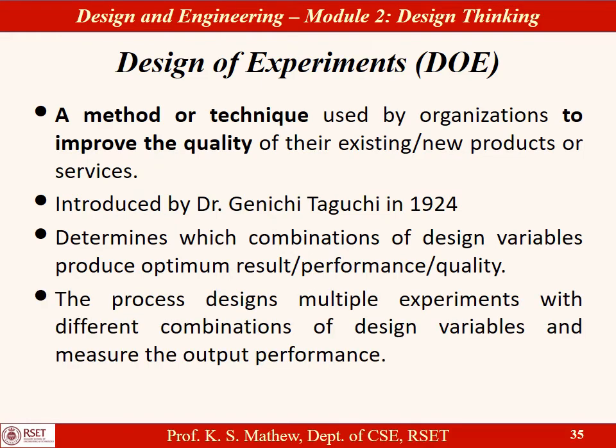The process designs multiple experiments with different combinations of input or design variables and measures the output performance, and that way they fix the input variables, the design variables, and that will be used as the best design variables for the perfect product.